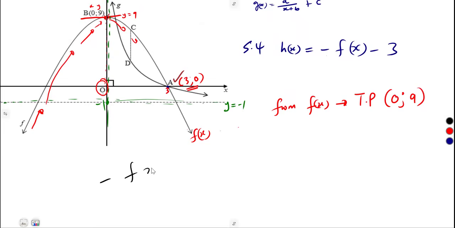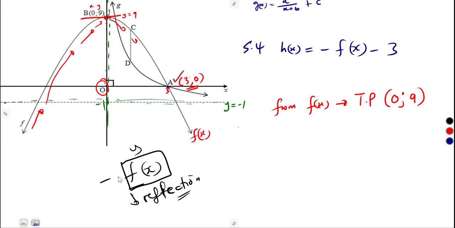Minus f of x means we are transforming the function, the y values are being affected by a negative one, which is a reflection in the x-axis. Remember your reflection in the x-axis from your grade 9 transformation. So the y value, f of x, it is the y value that is being affected there.